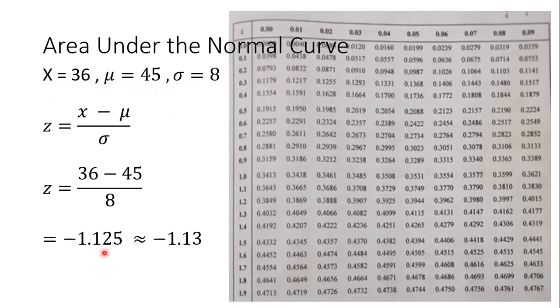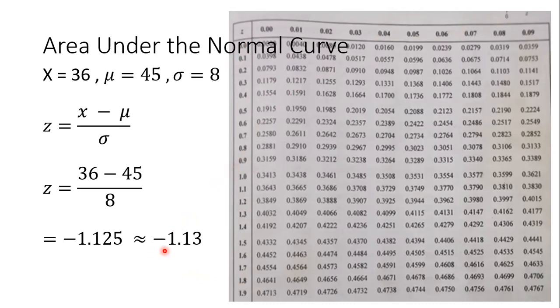So as you can see here, we have the exact value negative 1.125, pero niround off po natin siya into 2 decimal places because we are talking of Z-score. And we need to have 2 decimal values for Z-score, and then we look for it sa ating table.